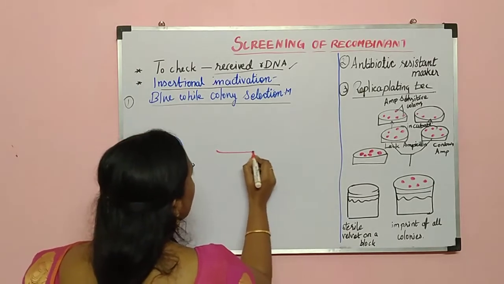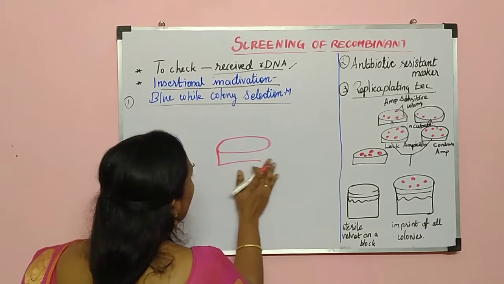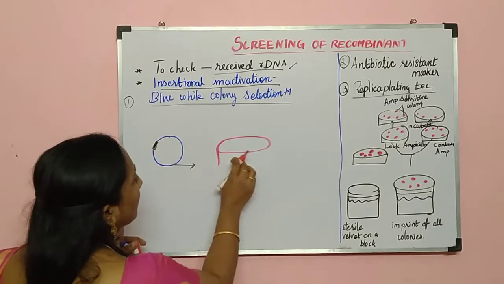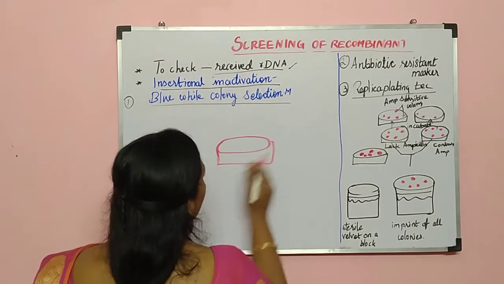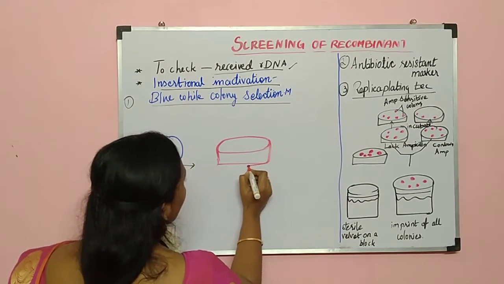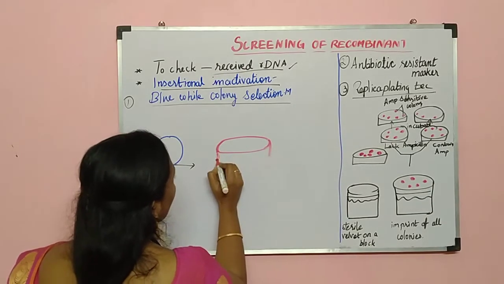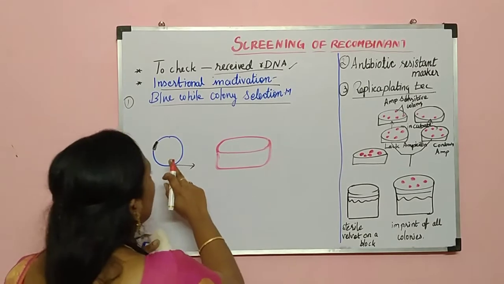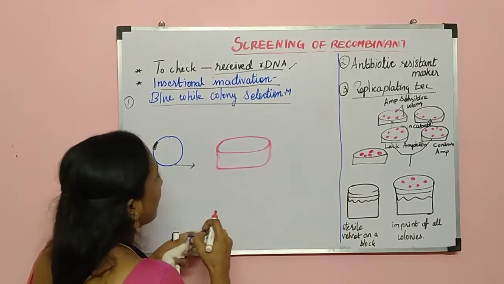A petri dish is glassware used in the laboratory for culturing technique. It is called a petri plate. Now we are allowing this to grow inside the colony.